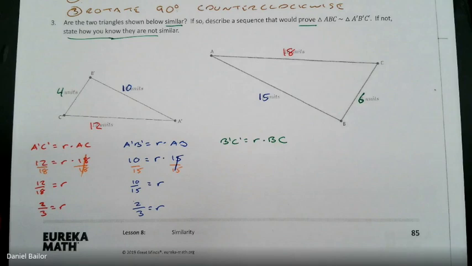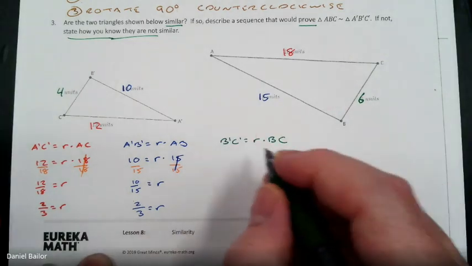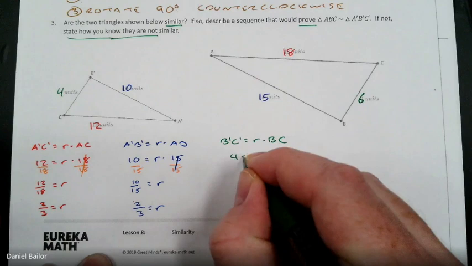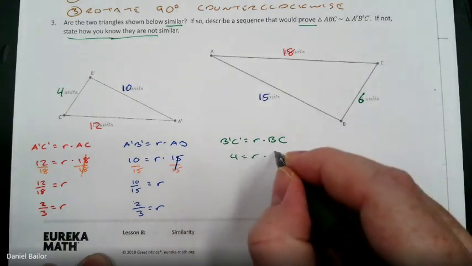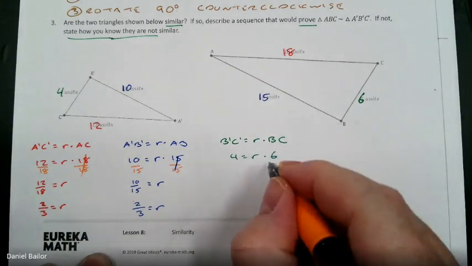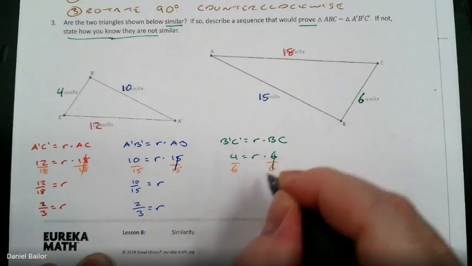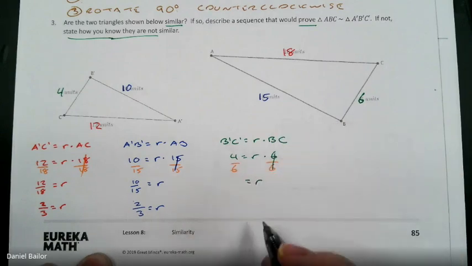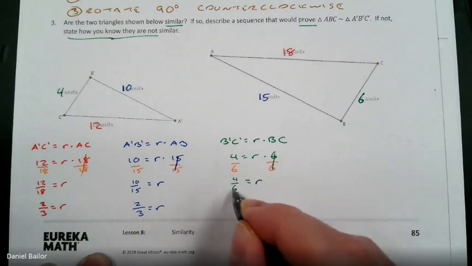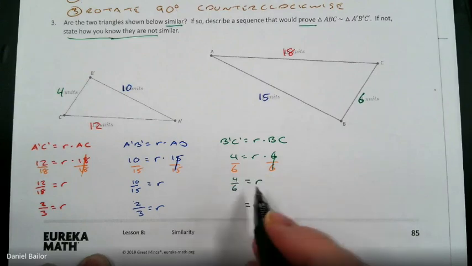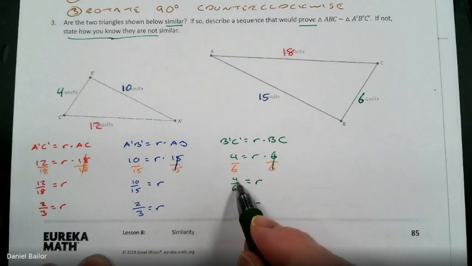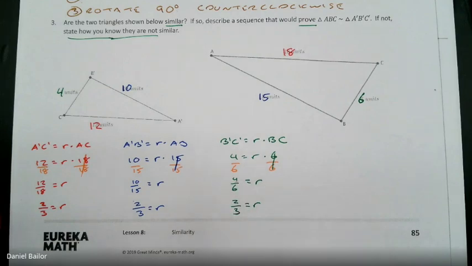So let's work on the BC. B prime C prime was 4. BC was 6. I'm doing my algebra, dividing by 6 on both sides, because 6 divided by 6 is 1. R times 1 is R. So I get R equals 4/6, which still simplifies. This time a 2. I can pull a 2 out from both of these, and I get 2/3.